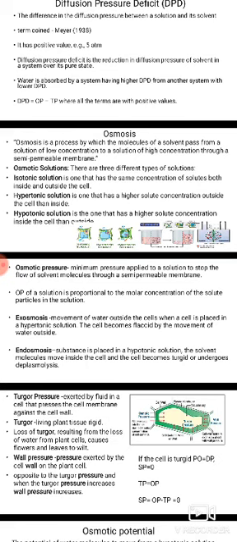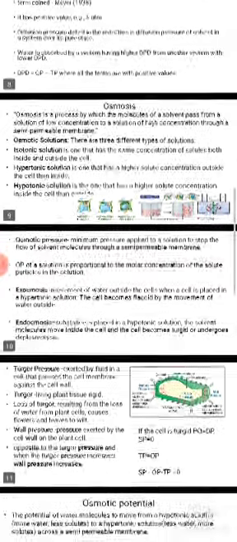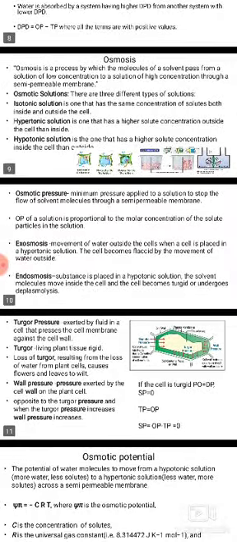Isotonic is the one that has the same concentration of solutes both inside and outside. Hypertonic is the one which has a higher solute concentration outside than inside. Hypotonic is the one which has high solute concentration inside the cell than outside.